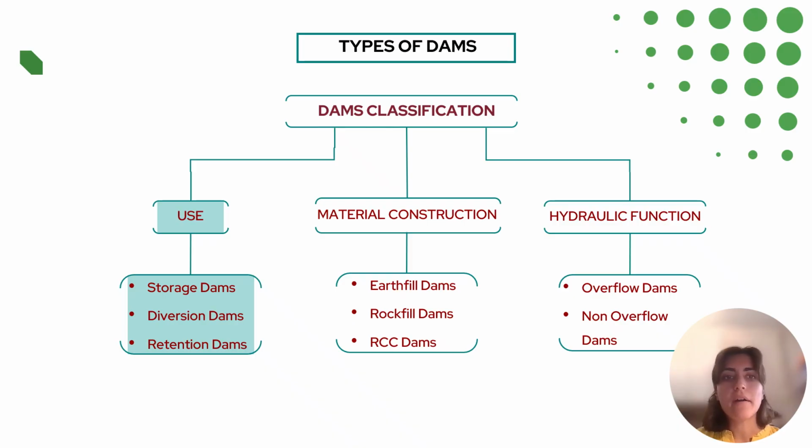Second, according to their material of construction, we have earth-filled dams made mainly of compacted soil, rock-filled dams built with large rock fragments and an impermeable core, and RCC dams, which are roller compacted concrete structures particularly strong and efficient. Finally, considering their hydraulic function, we identify overflow dams, which allow water to pass over their crest, and non-overflow dams, which do not.